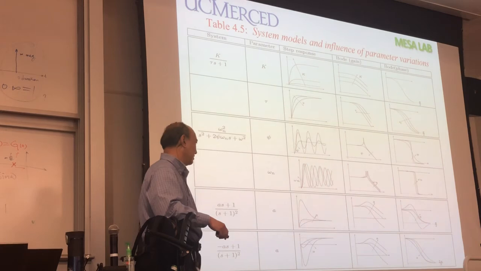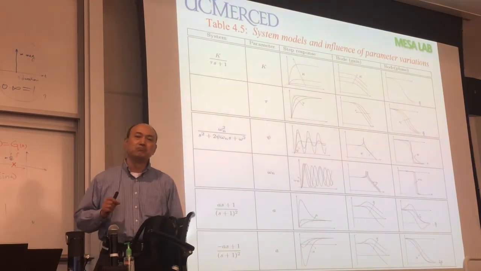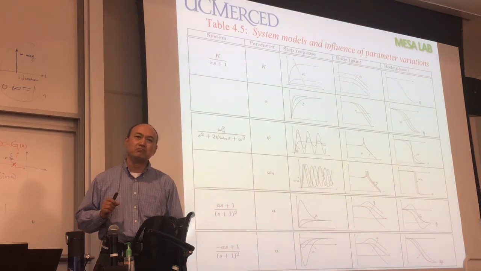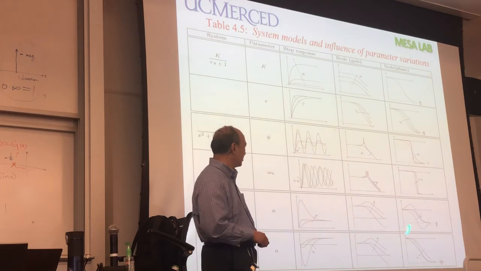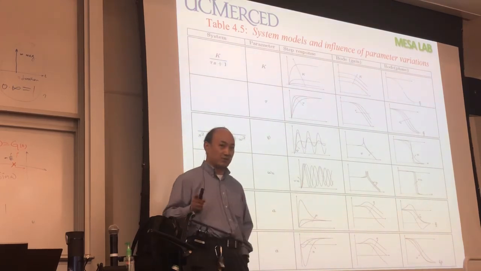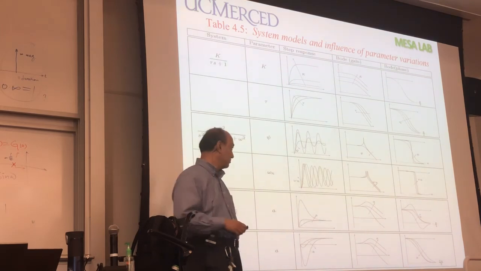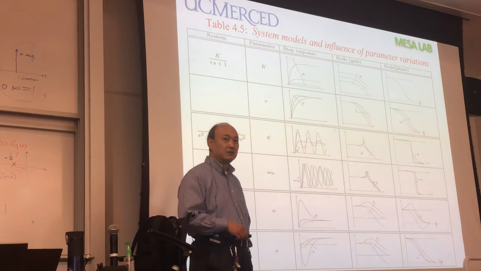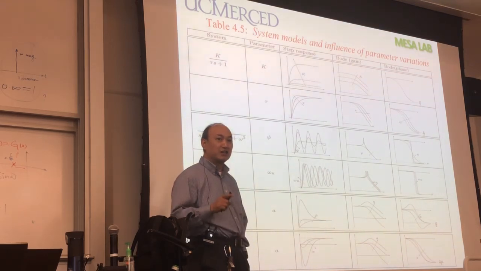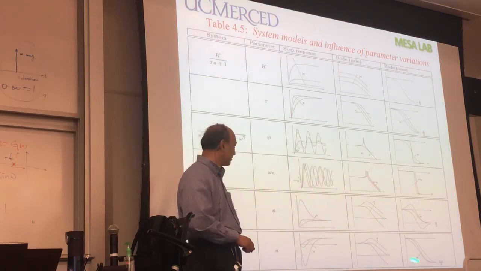So what's wrong here? You can see the phase here is always starting from 0, but here it is not starting from 0. It's starting from something bigger than 0. So that's called non-minimum phase. Non-minimum phase is because of that.